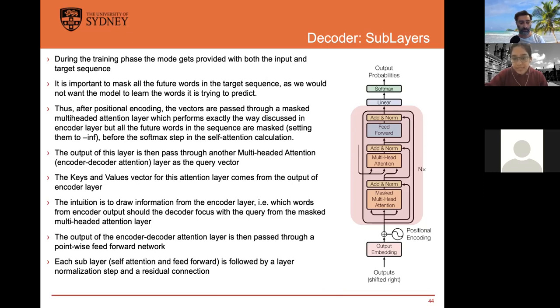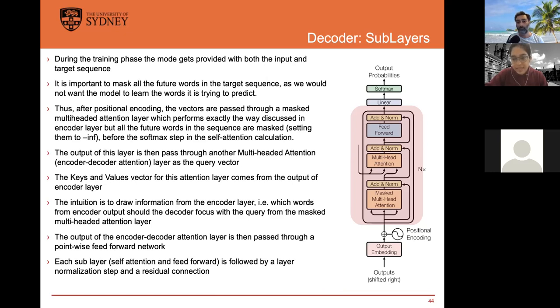The output of this layer is then passed through another multi-head attention layer. The objective of this layer is for the decoder to understand which word from the encoder output the decoder should focus on.